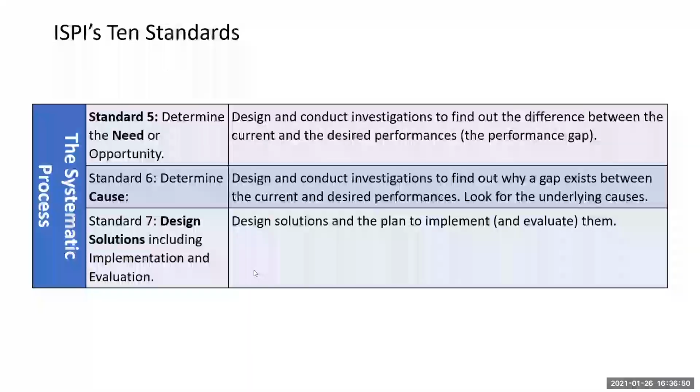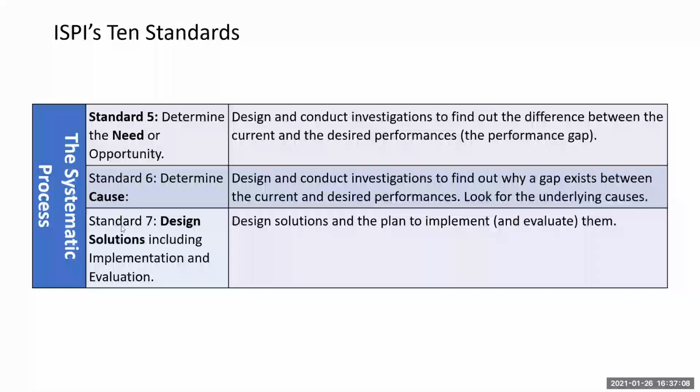So then the next set of the standards, 5 to 10, are the systematic process that we use to improve performance. I split them up into 2 slides so they're easier to read. So these are the first 3: needs analysis, cause analysis, and design.